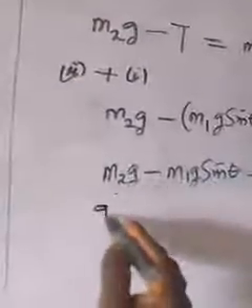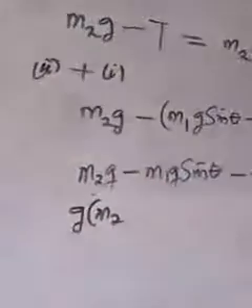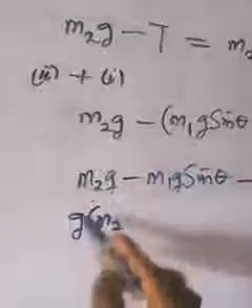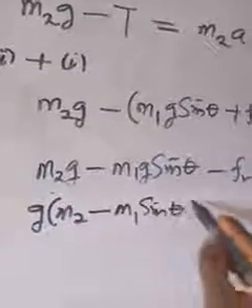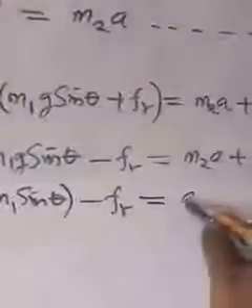And we can factorize the equation. Acceleration due to gravity is common, g. We can factorize the m2 minus m1 sine theta minus the frictional force is equal to, acceleration is also common here, m2 plus m1.